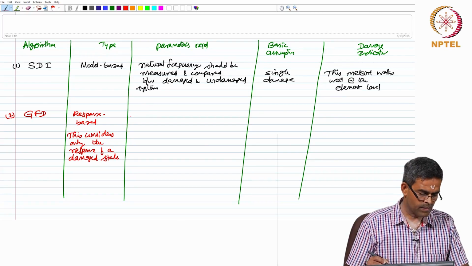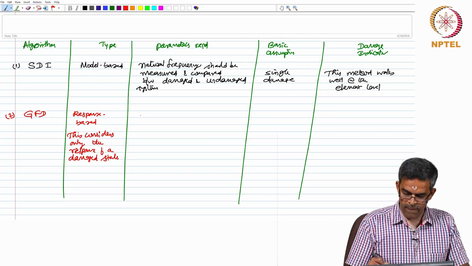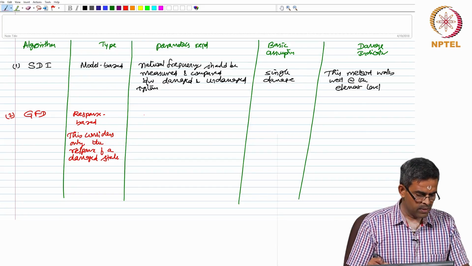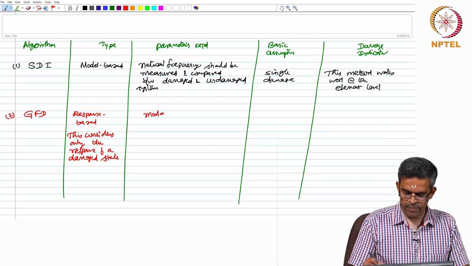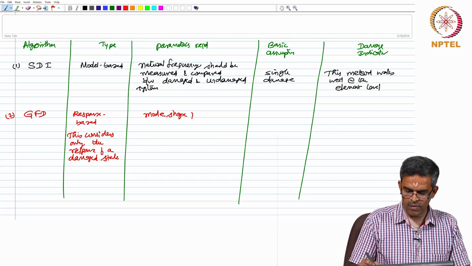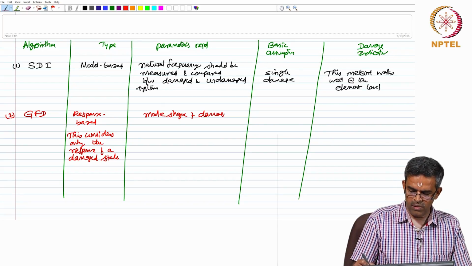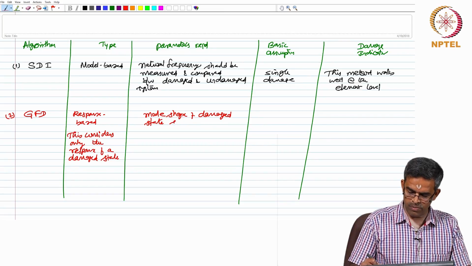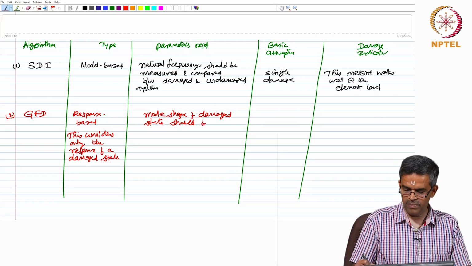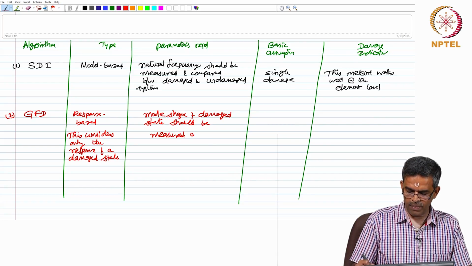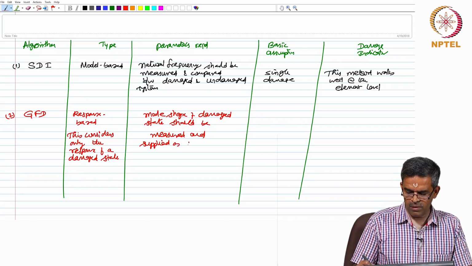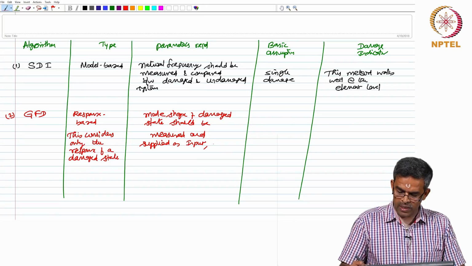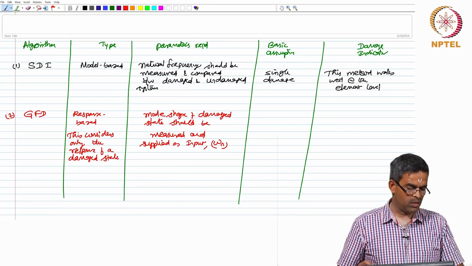Here the requirement is that the mode shape of the damage state should be measured and supplied as input along with the natural frequency of the corresponding mode shape.